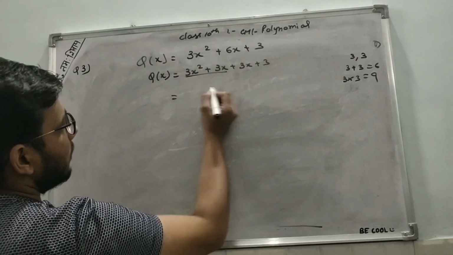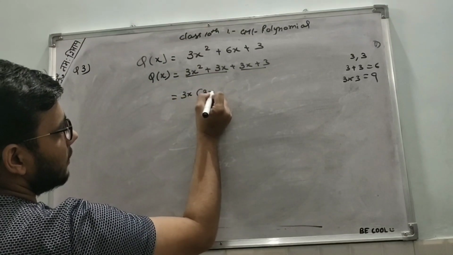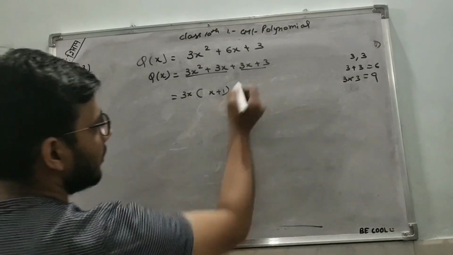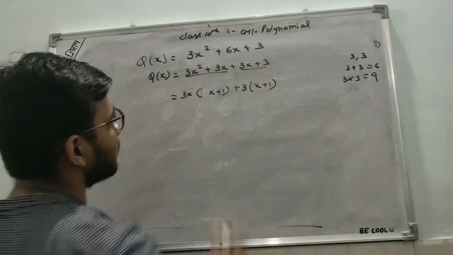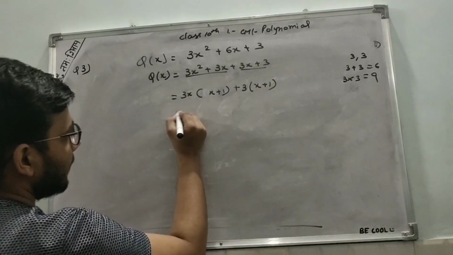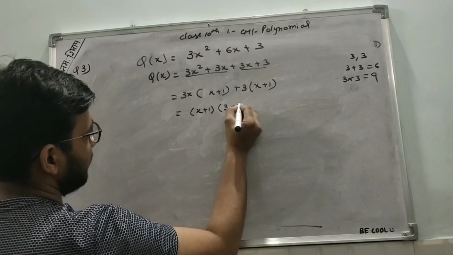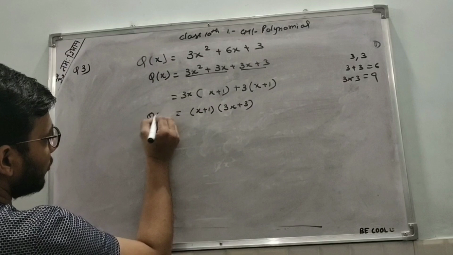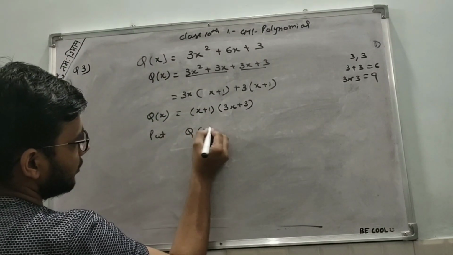Now take 3x as common. So we get 3x(x + 1). Now take 3 as common. We get (x + 1). So we get here (x + 1)(3x + 3). This is your q(x). Now put q(x) equal to 0.